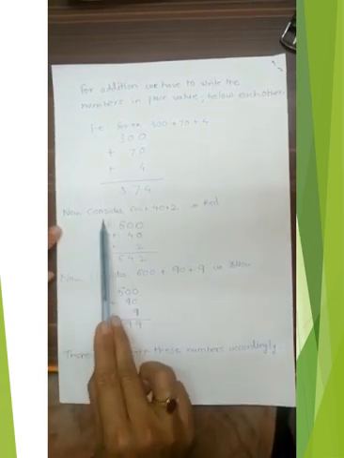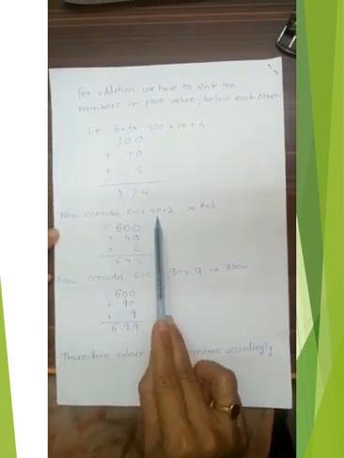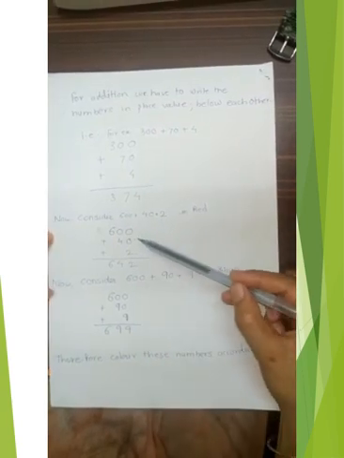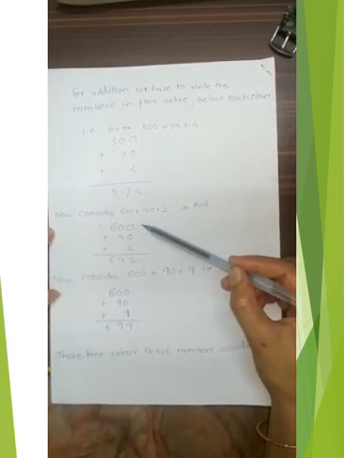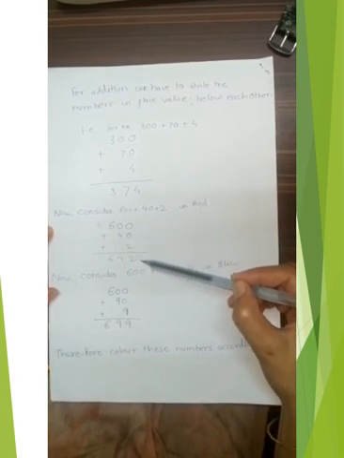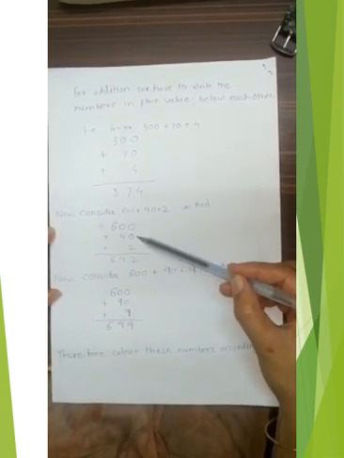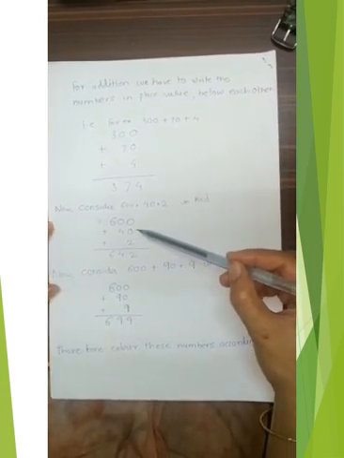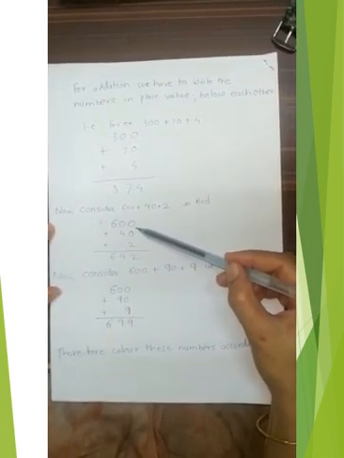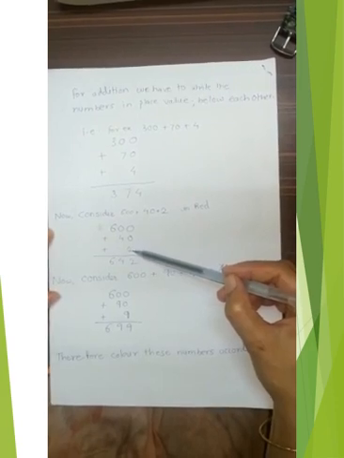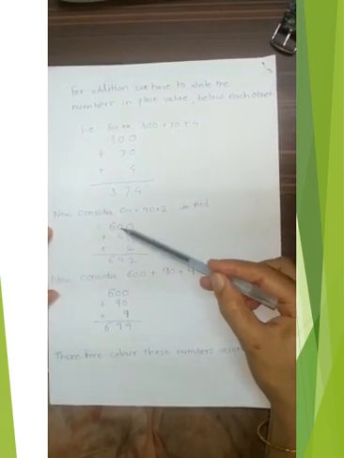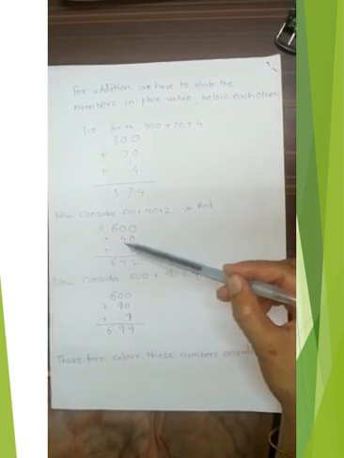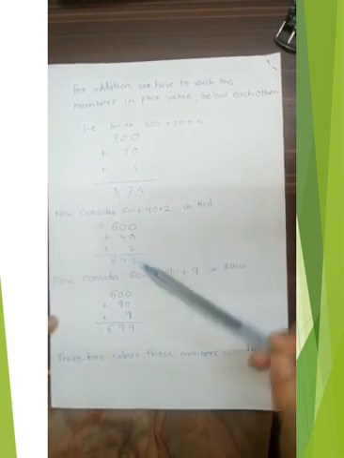Now consider 600 plus 40 plus 2. We have to write these numbers below each other like this. 600 plus 40 plus 2 and then do the addition. 0 plus 0 plus 2 is equal to 2. 0 plus 4 is equal to 4 and write this 6.